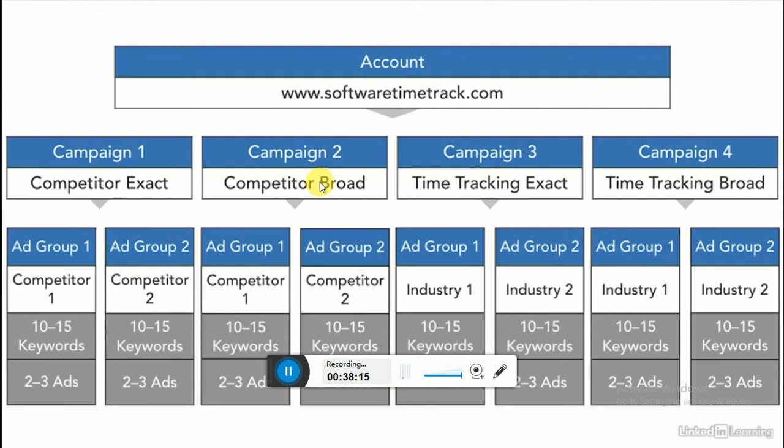Now, within each ad group, you'll have your keywords and about 2 to 3 advertisements. You really only want 10 to 15 keywords in an ad group, and those keywords need to be on the same theme. So when in doubt, create a new ad group and keep your keywords limited. As for ad groups, if you have more than 10 ad groups in a campaign, it's time to break things into more campaigns.